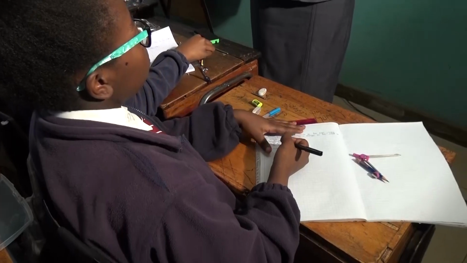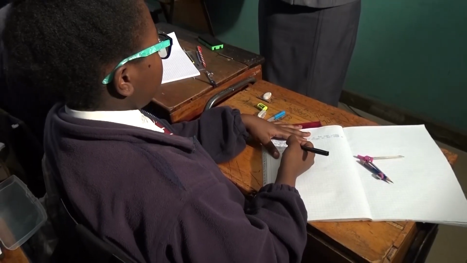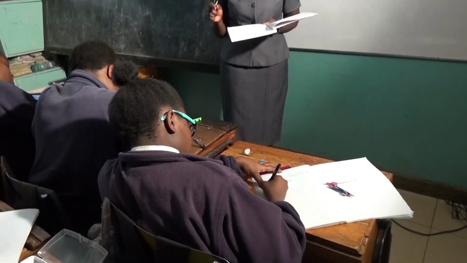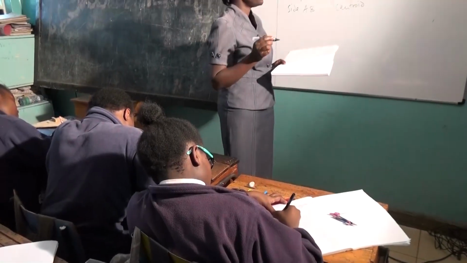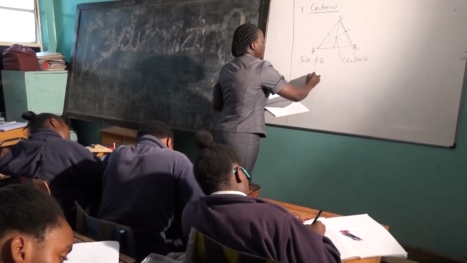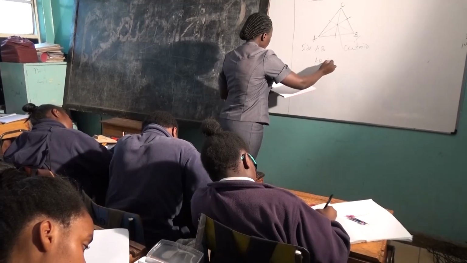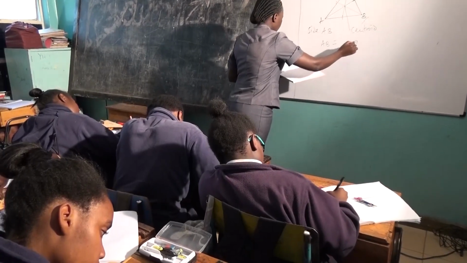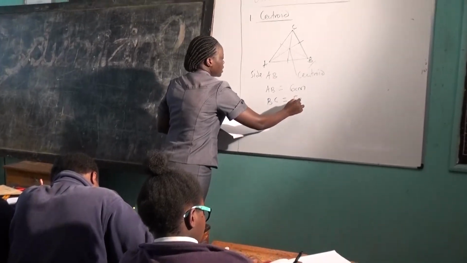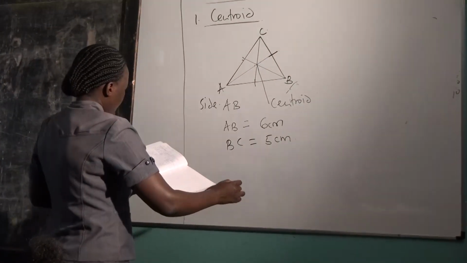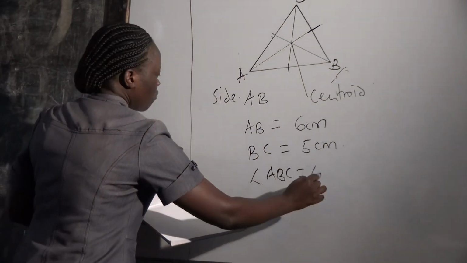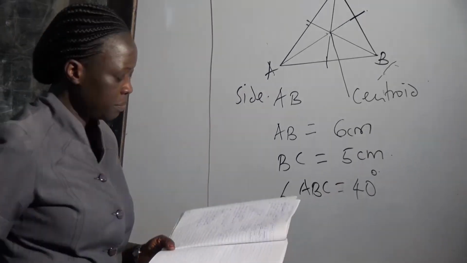Example one, draw triangle ABC in which AB equals 6 centimeters. Then we have BC equals 5 centimeters. And of course, angle ABC equals 40 degrees.